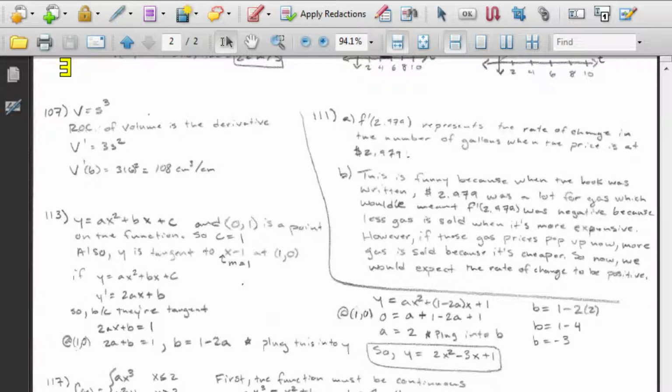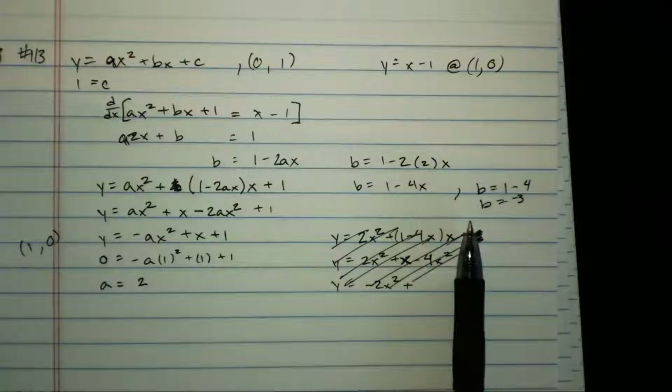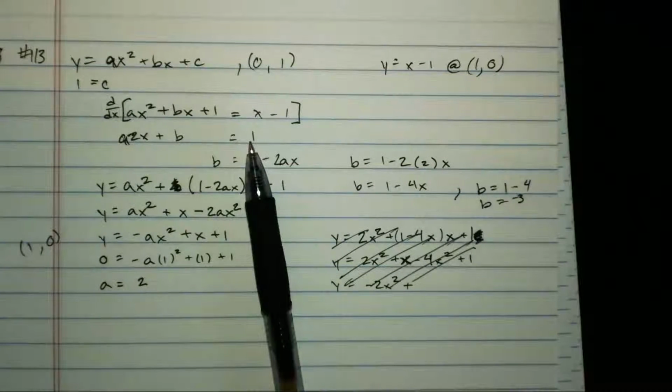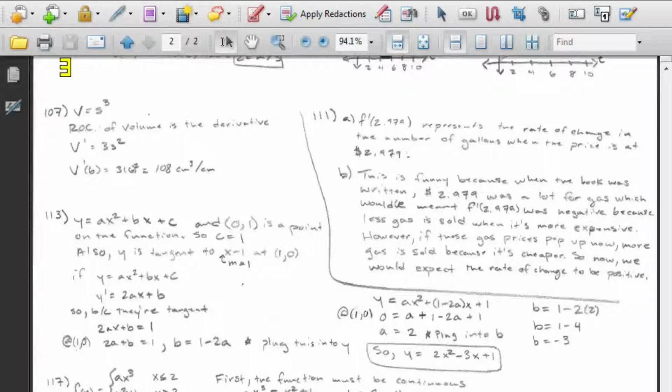Yeah, we did show that. Where was it? We showed that right here, 2ax plus b, and that b is equal to 1 minus a, right? So here we go. 2a plus b at 1, 0, so it means b is equal to 1 minus 2a. Plug this into y. So yeah, we did that. We worked backwards, and we got y is equal to this.